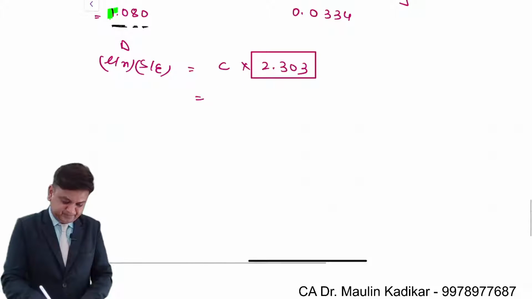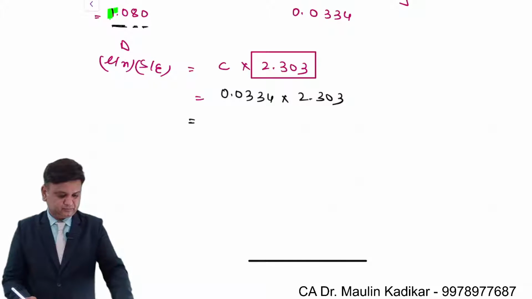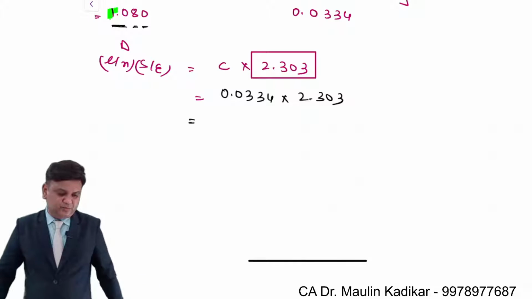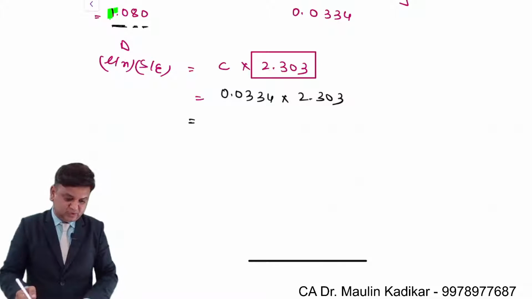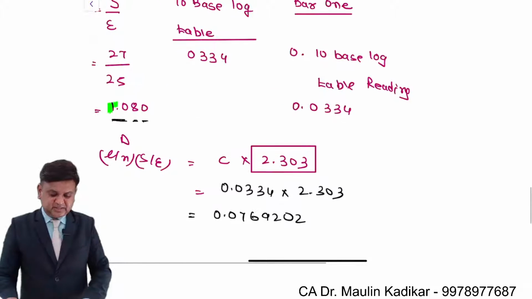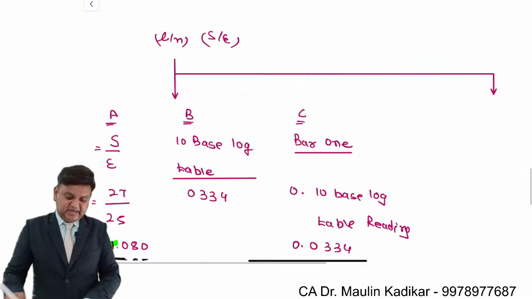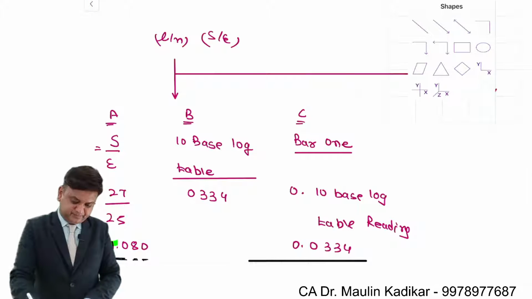So 0.0334 into 2.303 comes to 0.0769202. This is the process by which you can compute ln S divided by E.